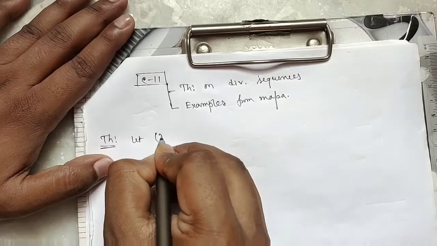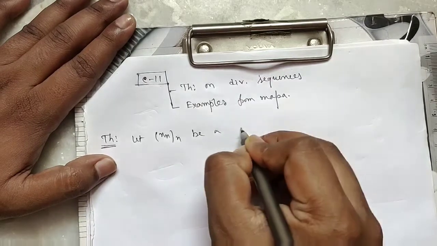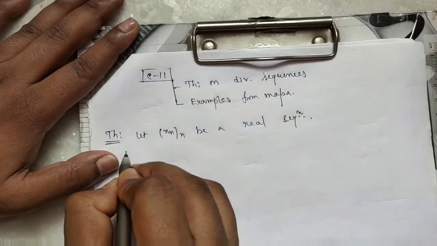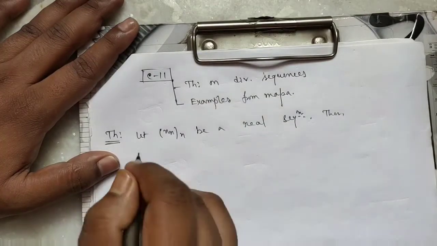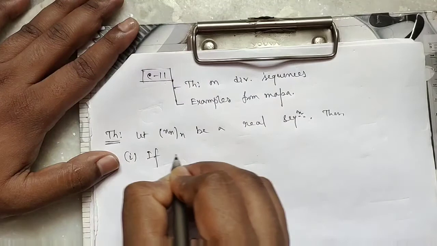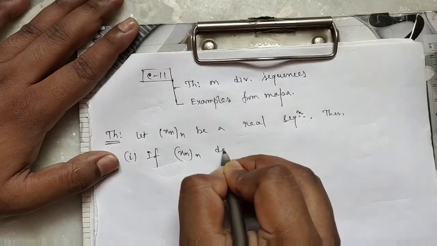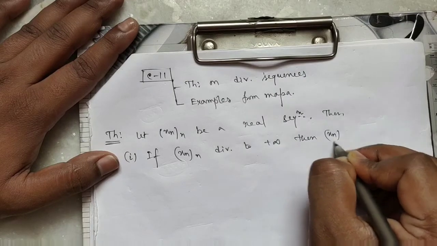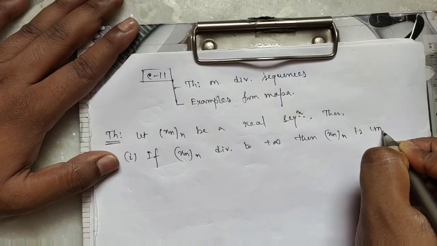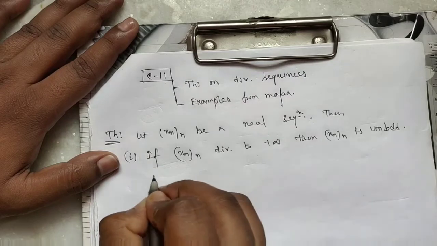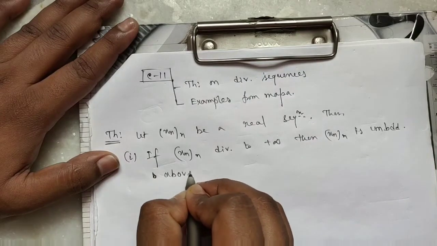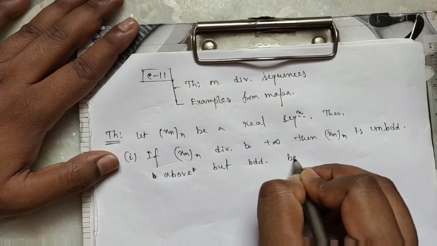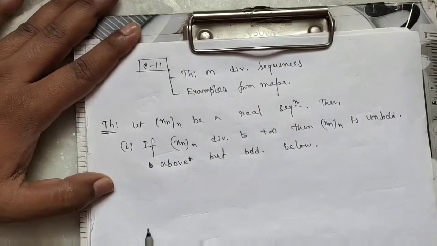Let xn be a real sequence. Then number 1, if xn diverges to plus infinity, then the sequence xn is unbounded above but bounded below.